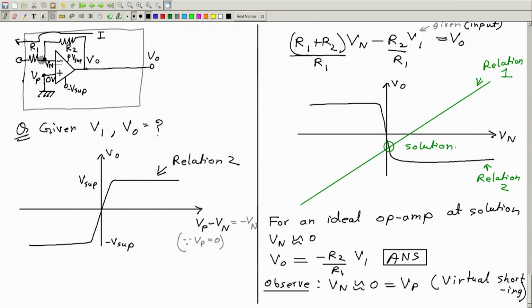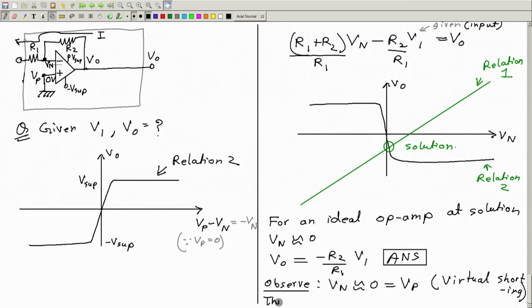But once again, let me tell you, this is not true for only the op amp. If we do not have all these connections, Vp and Vn will not be same. It will not be same for all circuits. Once again, this is a property of this circuit, not of the op amp.